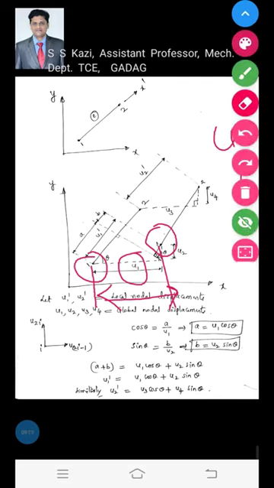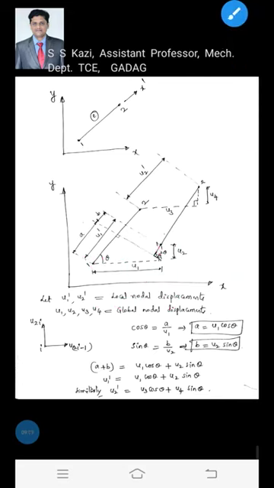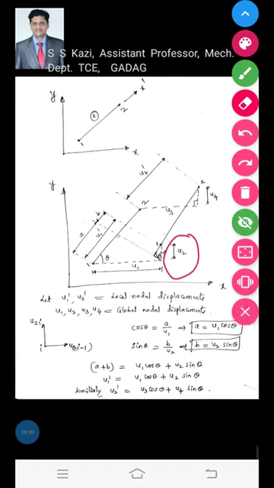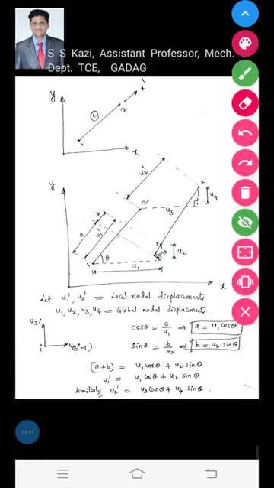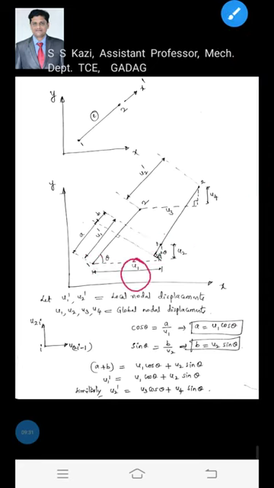One more global displacement we have is u2, in the y direction. We measure how much node 1 is displaced in the y direction. So u1 is the x component of displacement at node 1 and u2 is the y component of displacement at node 1. These are the global displacements.